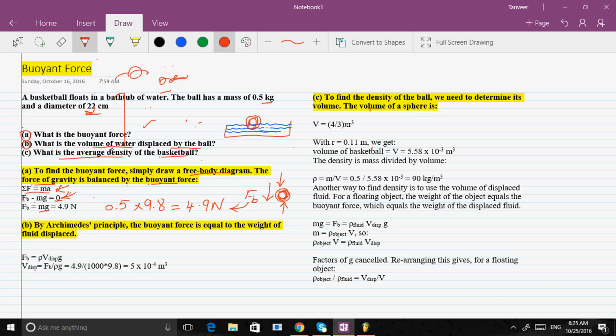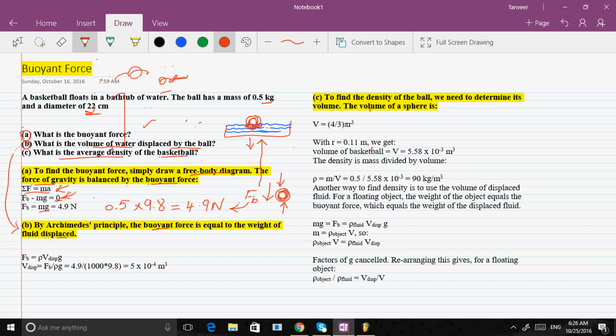The second question says, by Archimedes' principle, the buoyant force is equal to the weight of the displaced liquid.